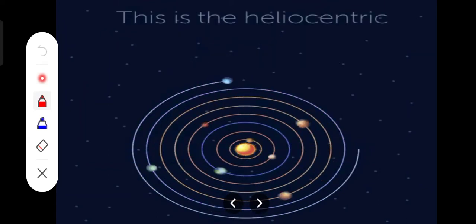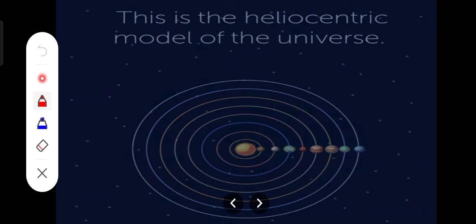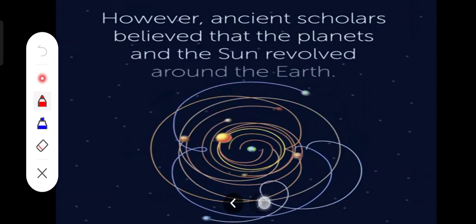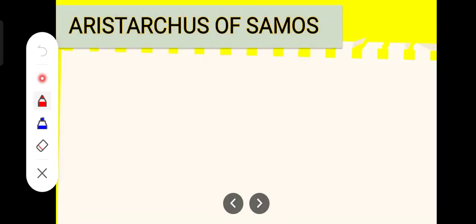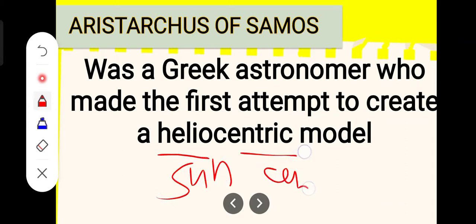But who is the first person who attempted to create this model? Sun is the center of the universe. So we have here Aristarchus of Samos. Aristarchus of Samos was a Greek astronomer who made the first attempt to create the heliocentric model. So helio, which means sun, centric, center model.